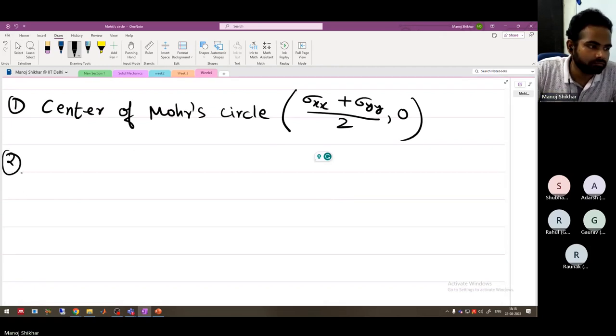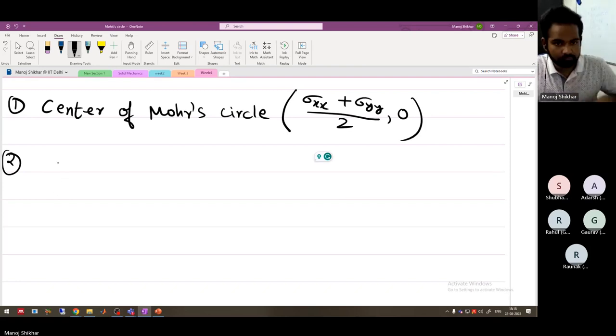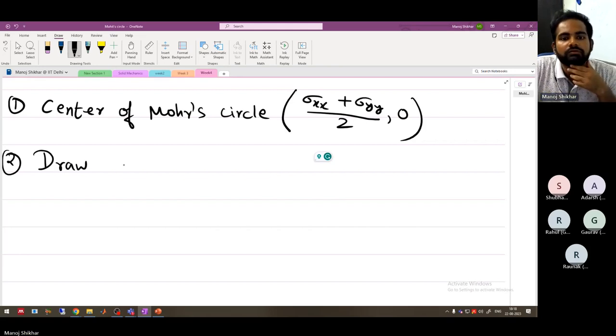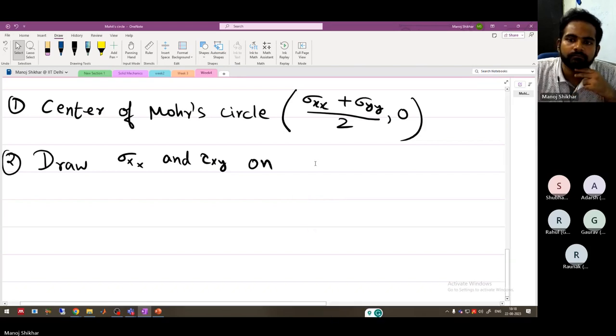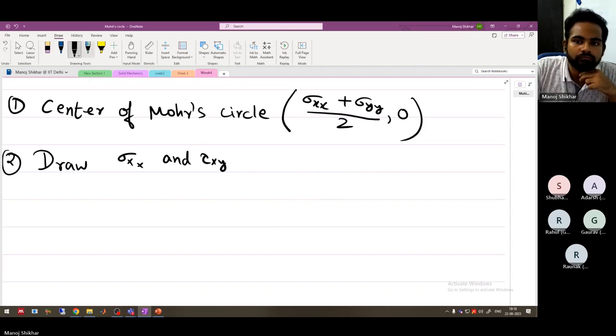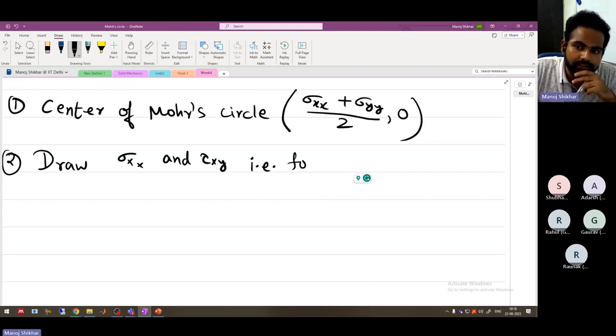Then draw sigma xx and tau xy, that is for E1 plane. Sigma xx is the normal stress on the E1 plane.